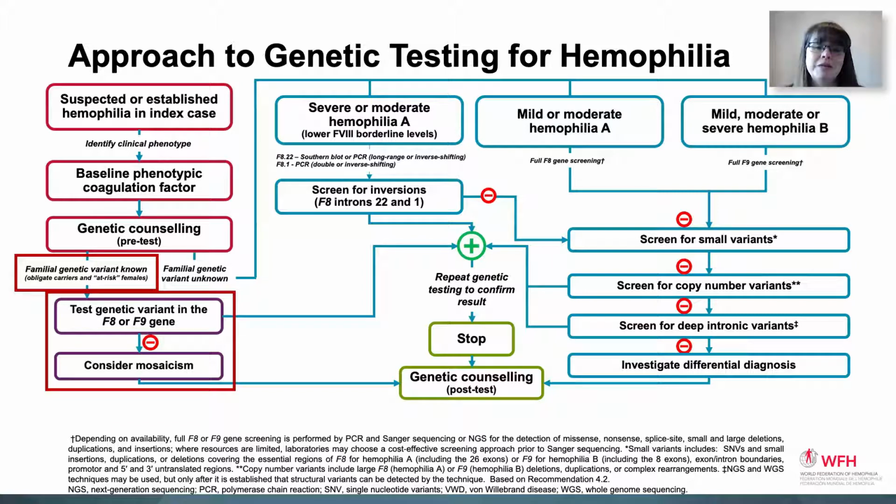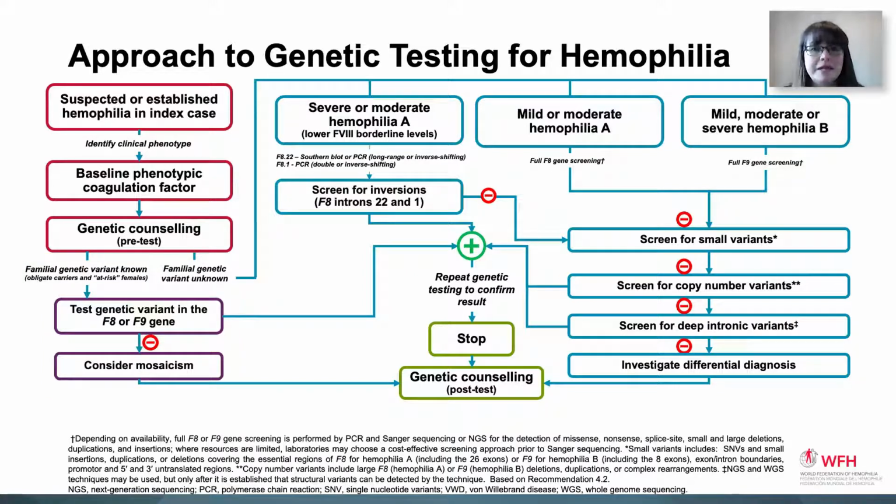She might be a germline or somatic mosaic for the particular mutation. So she might not carry the mutation in her peripheral blood cells, but she has that in her germline cells. But there is a slide later on considering these areas where we don't find the familial mutation or we don't find a mutation in a particular individual.